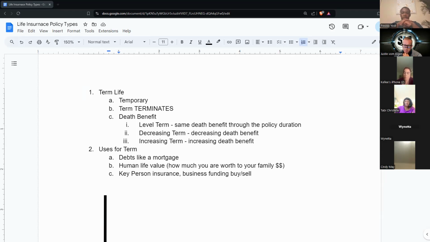So we covered that. That's the human life value. Another thing is business protection, temporary coverage for specific needs. So whenever anybody needs essentially temporary coverage for a specific need, that's where they get term. Okay.